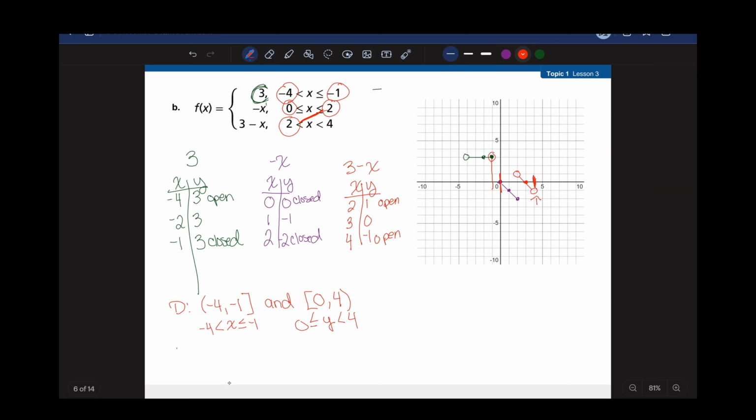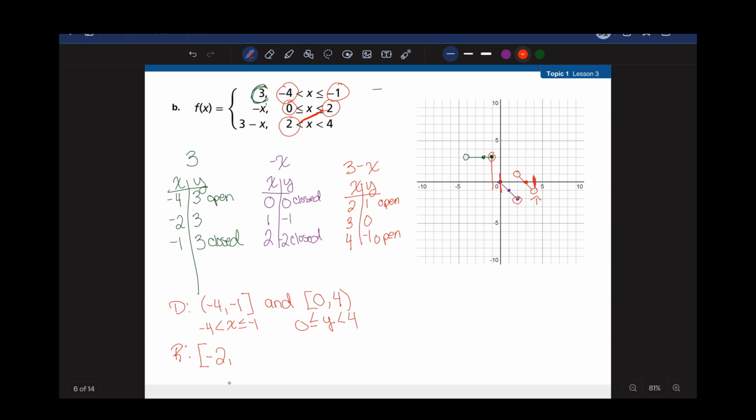So now let's talk about the range. If you want to look at it visually, the lowest you have in your range is -2. So I definitely know that -2 is the lowest I go. And there's a closed circle there.